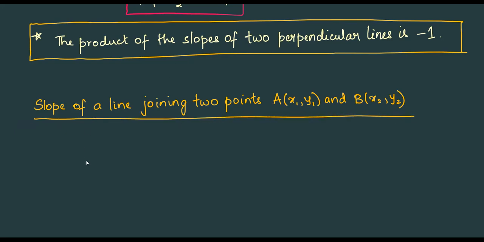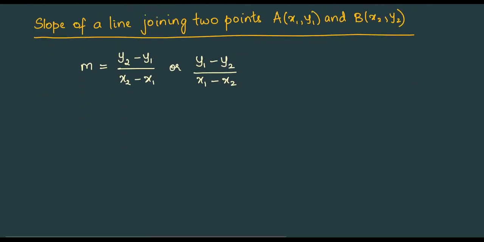This is given by m. Slope is given by y2 minus y1 upon x2 minus x1, or take minus, multiply numerator and denominator with a negative sign, and we get y1 minus y2 upon x1 minus x2. The order we have to retain the same in the numerator and the denominator, either y2 minus y1 by x2 minus x1, or y1 minus y2 by x1 minus x2.